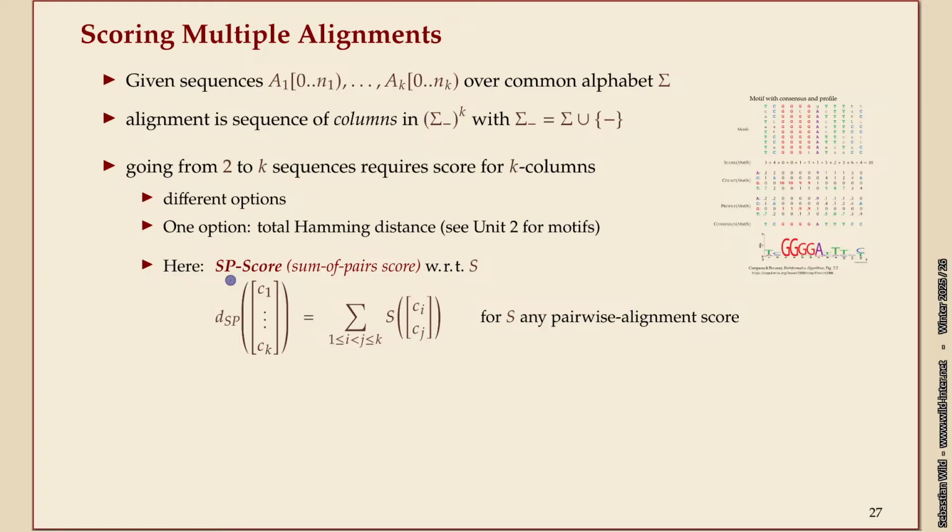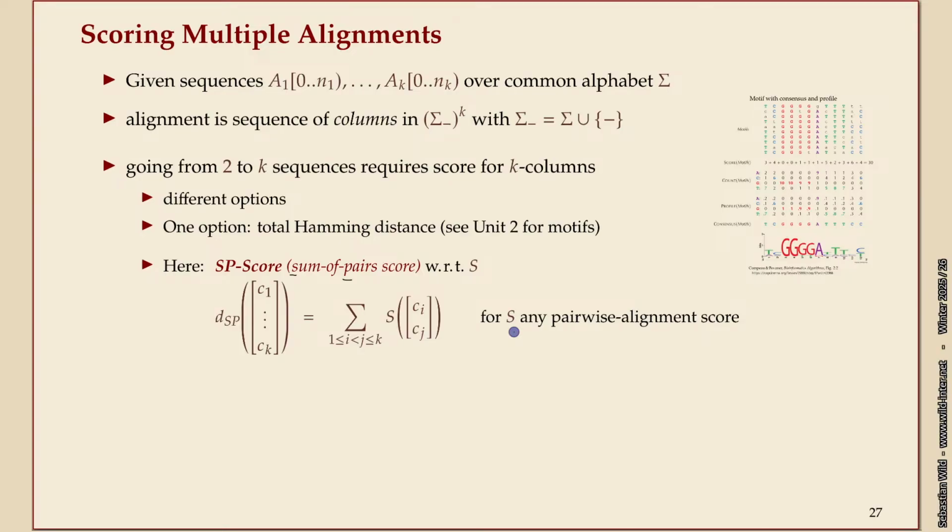So what we'll use is called the SP score, the sum of pairs score. That's where the SP comes from. Again, you sum up the scores of all the columns, and the score of one column with these K letters is just summing up all pairs in that column, all possible row pairs, and then using any pairwise alignment score.